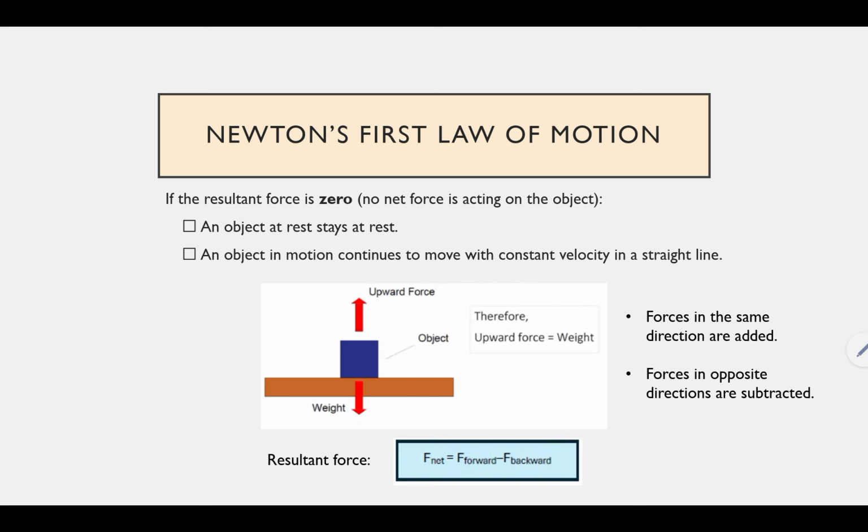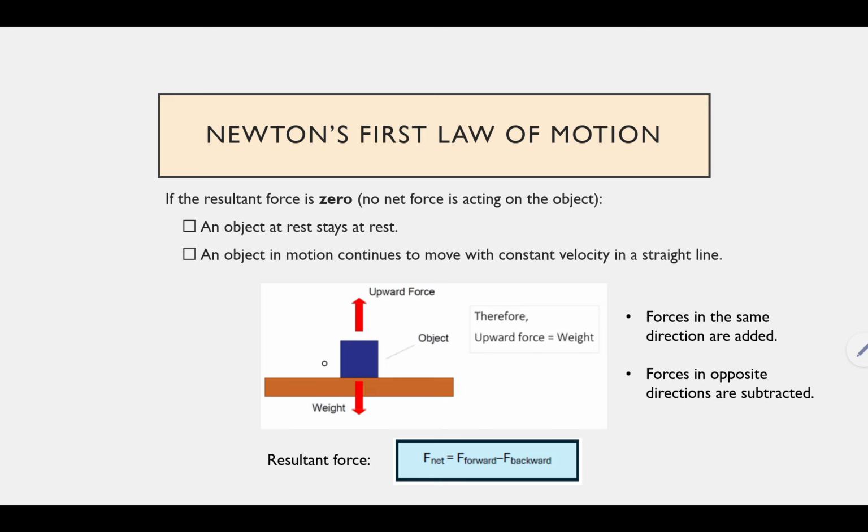So what do you mean by resultant force is 0? Resultant force is nothing but the difference of forces acting in opposite directions, or the addition of forces acting in the same direction. So for example, if I'm looking at the example of the object that is sitting on a table with its weight and upward force.